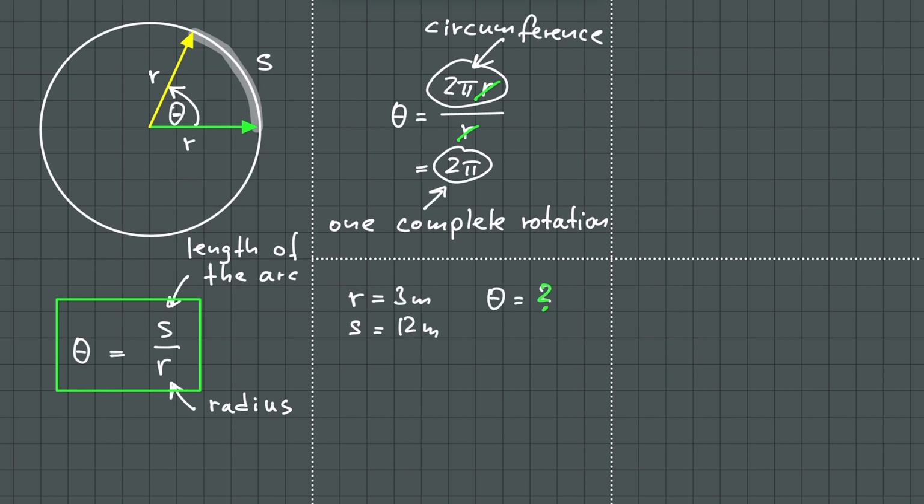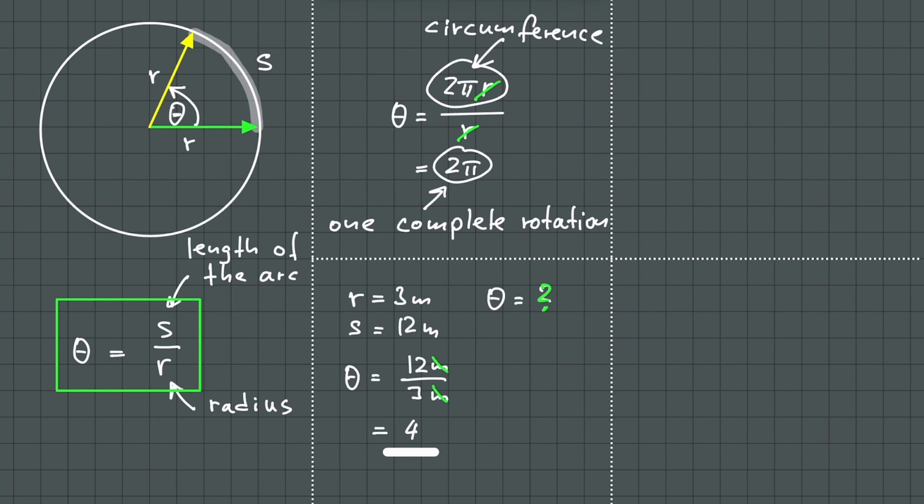To solve this problem, we are going to plug in 12 meters for the arc S and 3 meters for the radius R. 12 divided by 3 is 4. So a circle with a radius of 3 meters and an arc of 12 meters has a radian measure of 4.